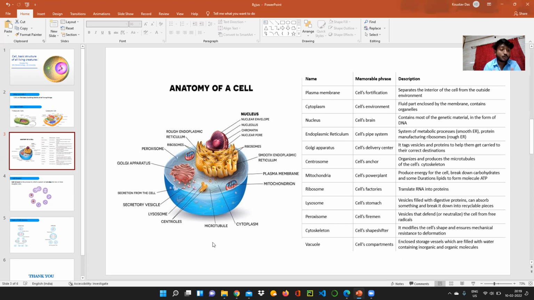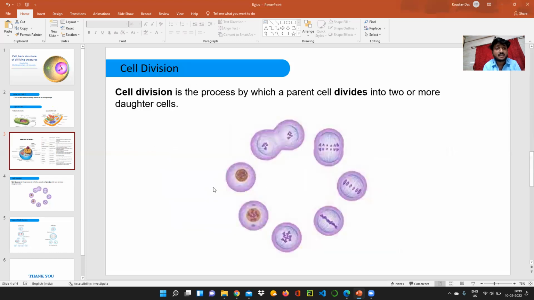The cytoskeleton gives us the whole structure of the cells, and the vacuole is like a huge storage unit of our cells. Here it is a picture of an animal cell. In animal cells, the vacuole is slightly smaller, and in plant cells, the vacuoles are way larger in shape.